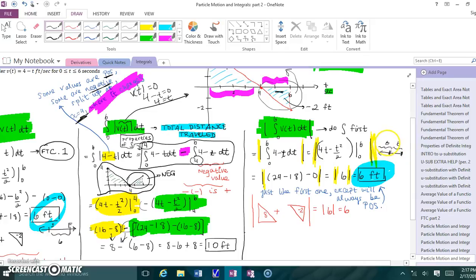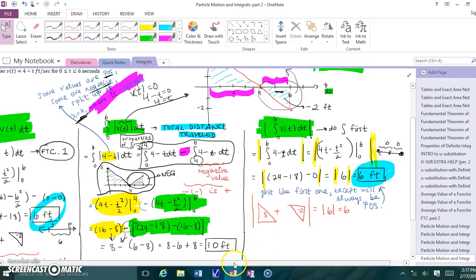And because it's not positive or negative, like we took the absolute value of it, it could be 6 to the left or 6 to the right. We don't know which one, but it's 6 feet from where it started. And the way you could do that graphically is take the signed areas, add them, and do the absolute value. So it only really changes if velocity is negative more in some areas, and this answer was negative. Since this answer is positive, these are the exact same thing.